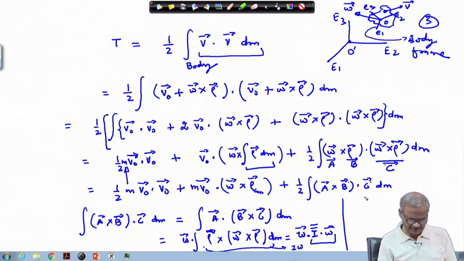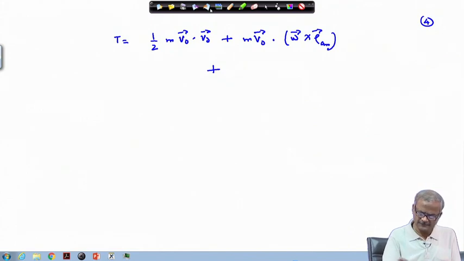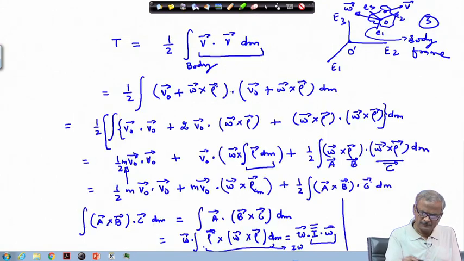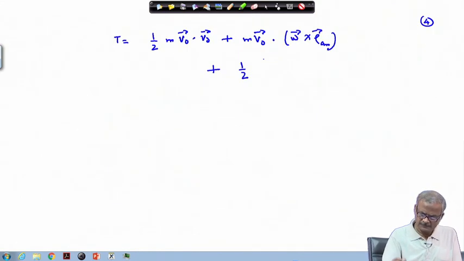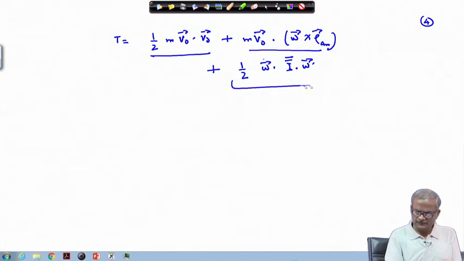The quantity under the integrand we have shown here, so this term goes, and here we can write 1 by 2 omega dot I double bar dot omega. So, this term is your rotational term.